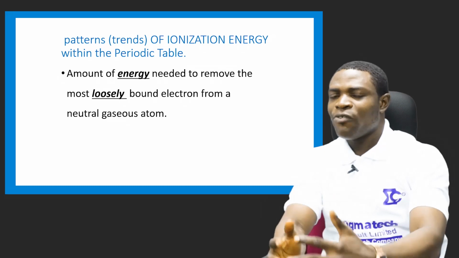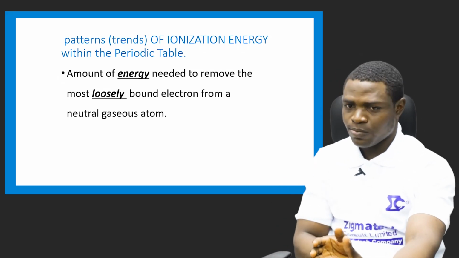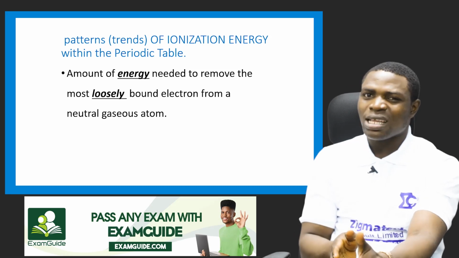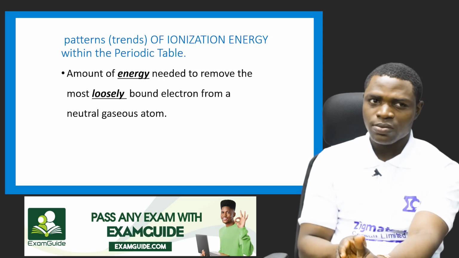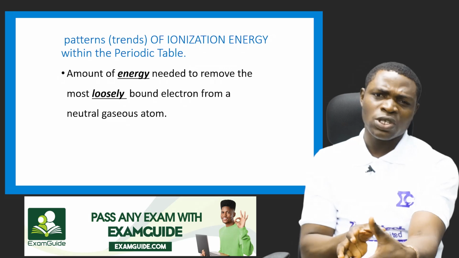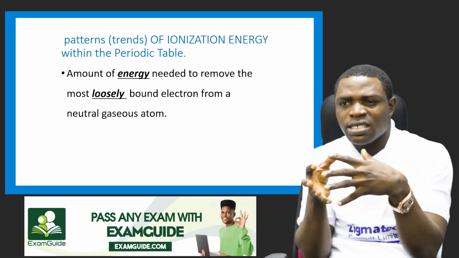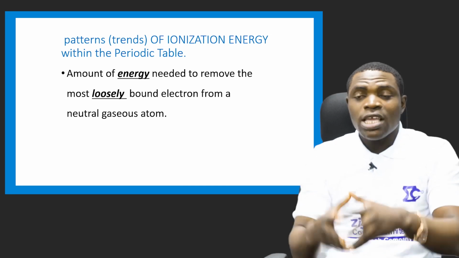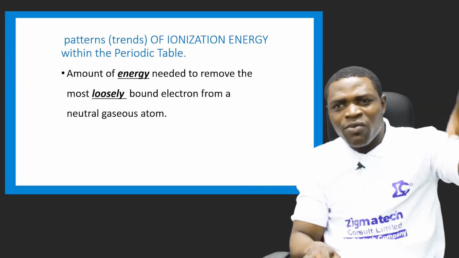If you are familiar with chemical combination, you will understand that it is only the valence electrons that are used for chemical combination. As you look at the atomic structure, inside the nucleus, you have the proton and the neutron. Then you have the electrons revolving around the shells.